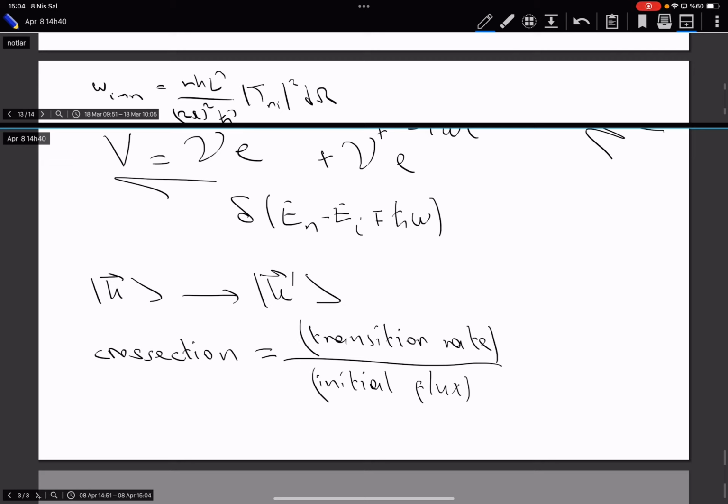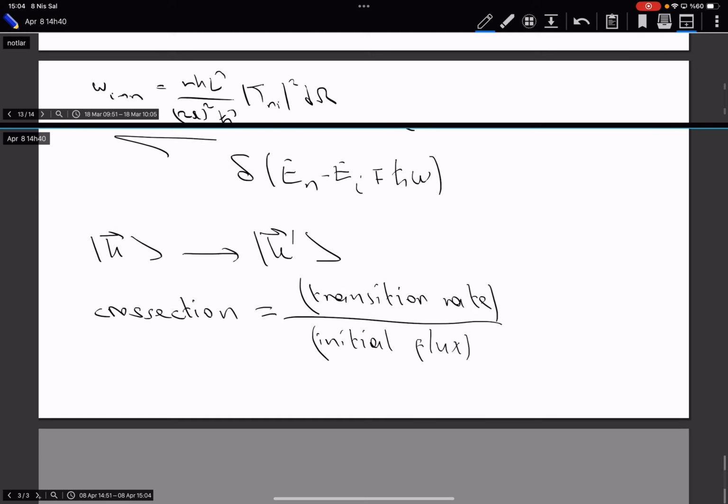And at least in the classical theory, this definition does correspond to an actual physical area. Now, I will not repeat that derivation. So any questions up to here? Or anything else you would like me to repeat in more detail? Because we will basically pick up from here and develop our scattering theory.